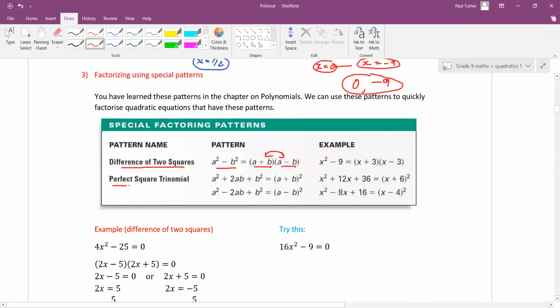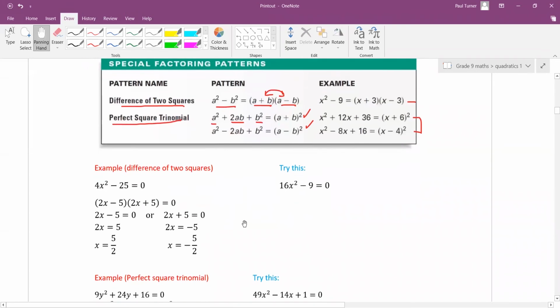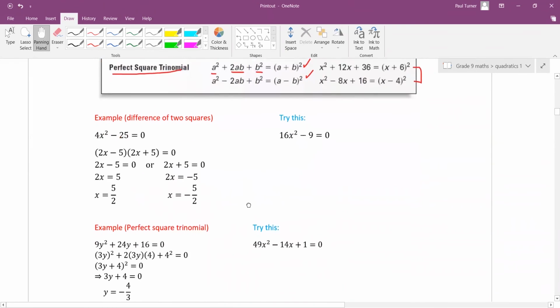The perfect square trinomial, tri meaning 3, so 3 terms. When it's in these two forms, we can write them as perfect squares. a squared plus 2ab plus b squared, a squared minus 2ab plus b squared. We can write them in this form, and these are two examples here. So let's look at how to use them. You need to have them in this special pattern.